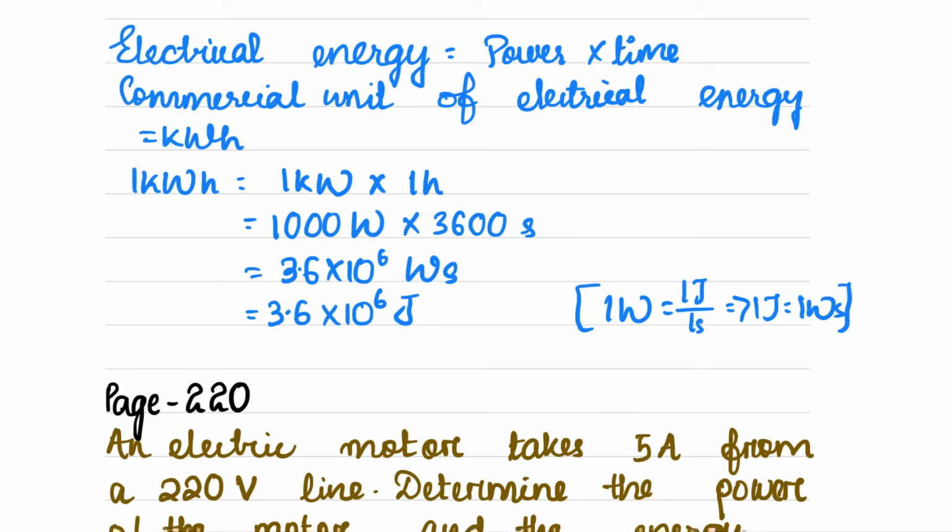So 1 kilowatt hour is equal to 1 kilowatt into 1 hour. Now 1 kilowatt is equal to 1000 watt, and we know that 1 hour is equal to 3600 seconds. So when we convert it, we will get 1 kilowatt hour is equal to 3.6 into 10 to the power 6 joule, and 1 joule is equal to 1 watt second. We have used this conversion here.